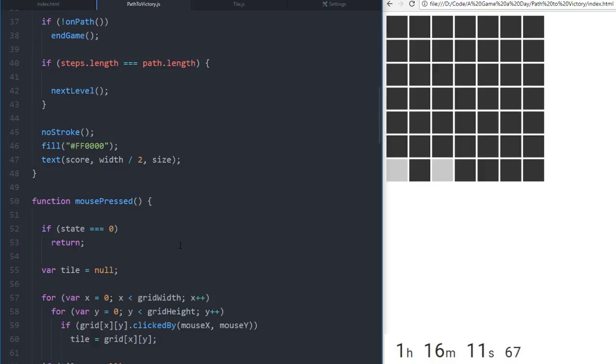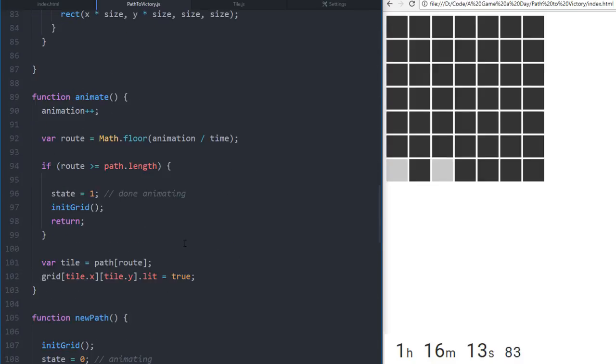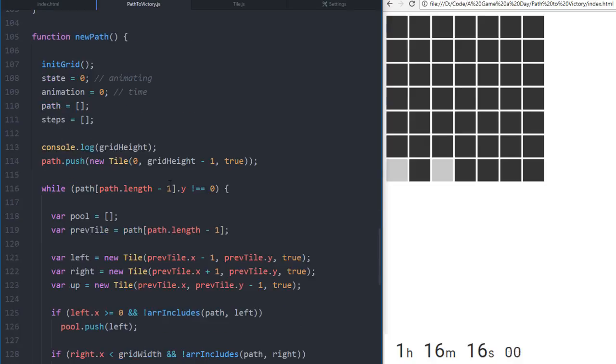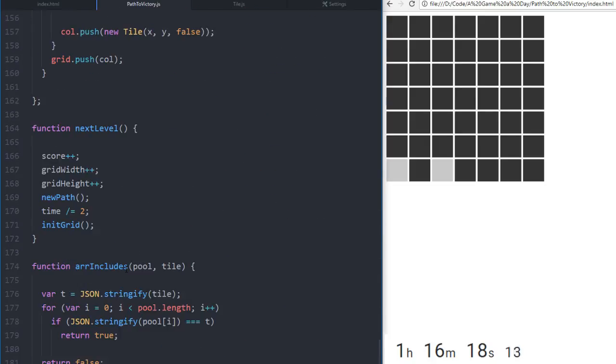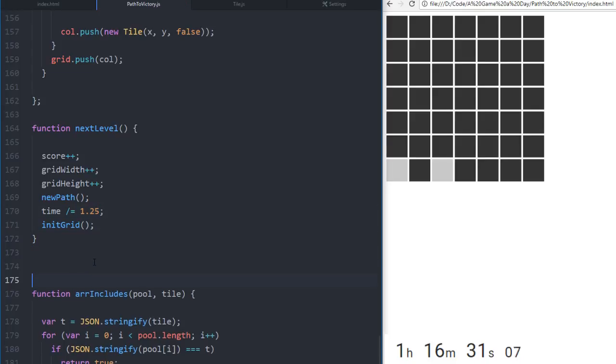So what I want is to say, instead of, okay, we have a new game here. Don't want to divide by 2. Let's divide by 1.25. There we go. Init grid. We need also function end game.